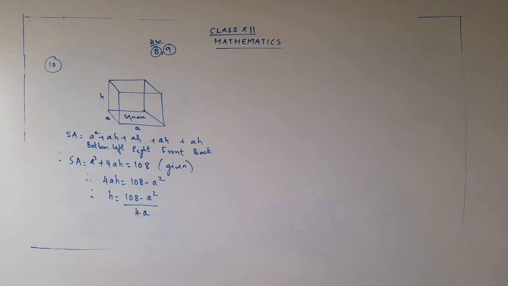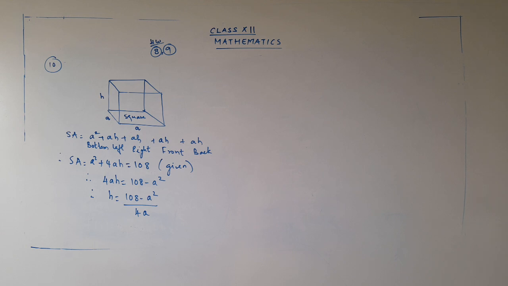I hope you are clear with the first part. We have just found out what is given to us. The surface area is given to us as 108. So I have just found the formula for surface area.